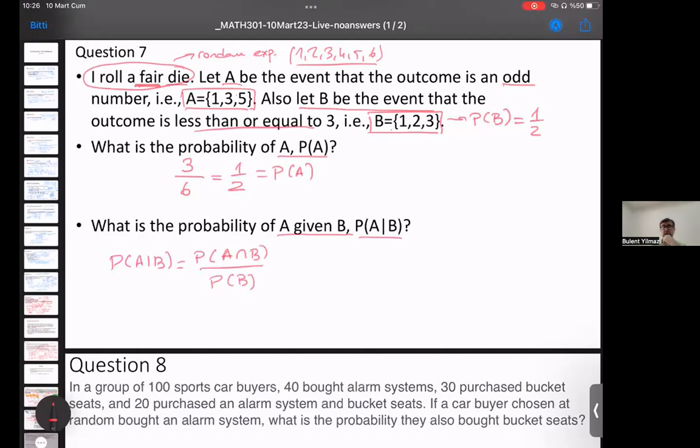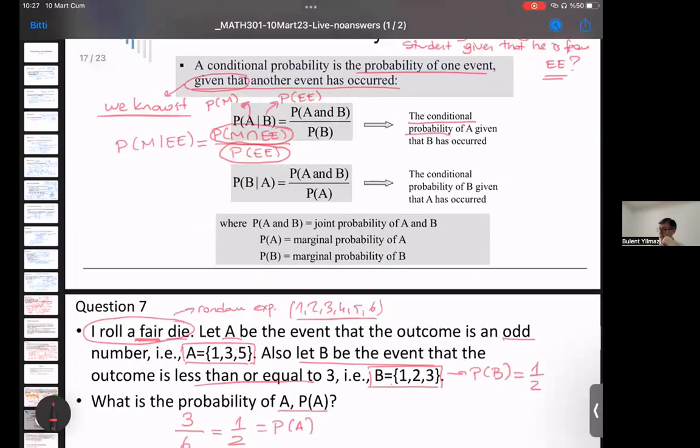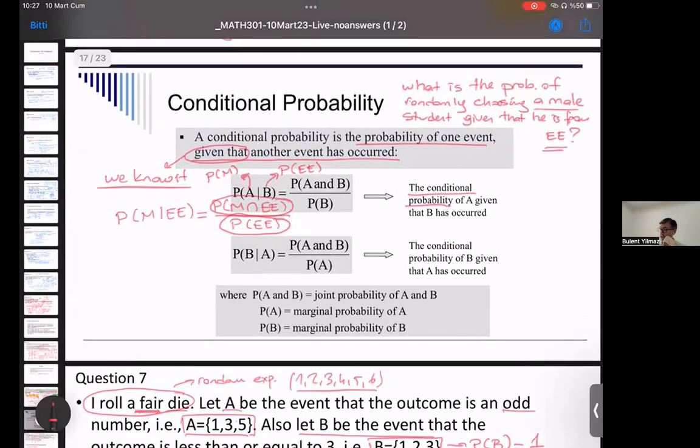I'm not interested in the solution. I'm interested in how you put this in a sentence. Abdulaziz says the probability of an odd number that is less than 3. I want you to use this kind of sentence.